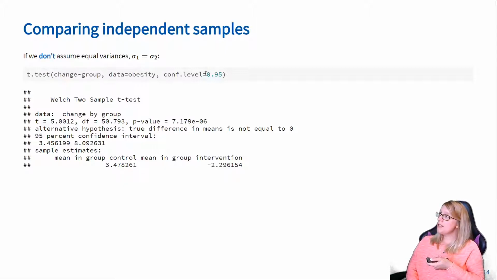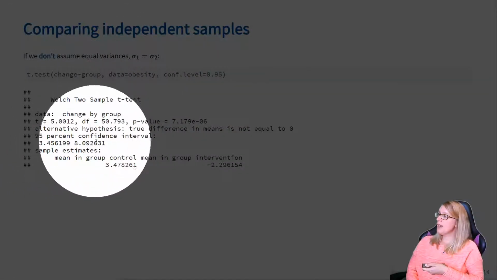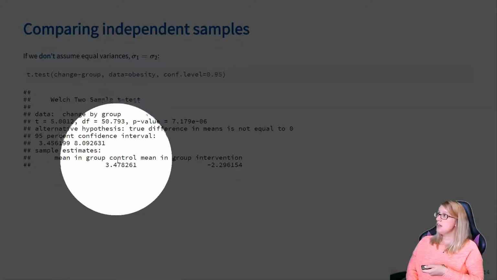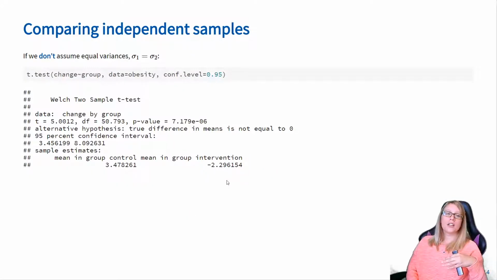Our confidence interval here, if we are not assuming equal variances, goes from a difference of 3.48 to a difference of 8.09 pounds. Here our control group comes first, followed by our intervention, so the control group's change is between 3 and 8 pounds higher than the intervention group.